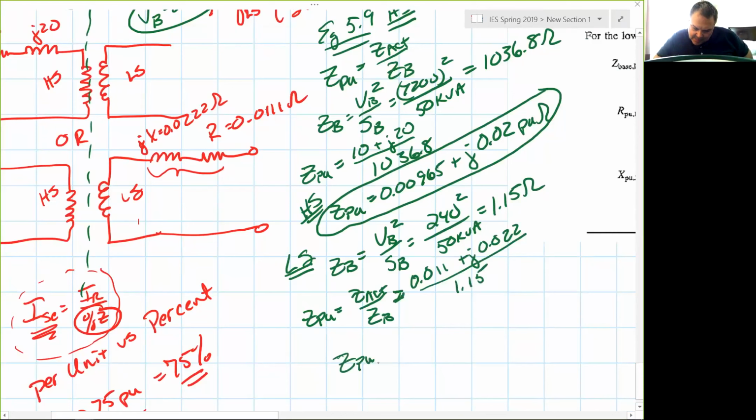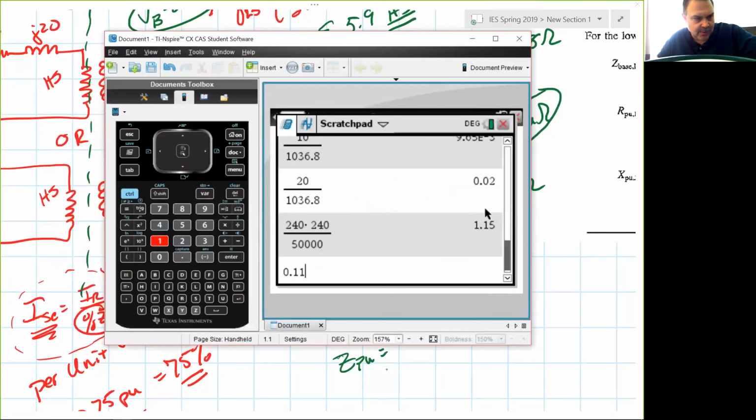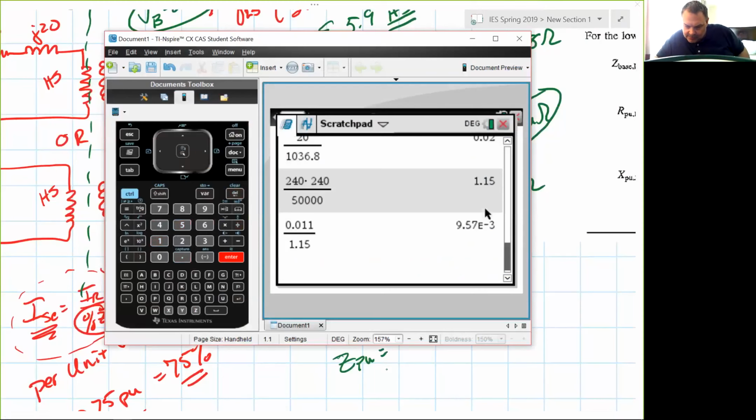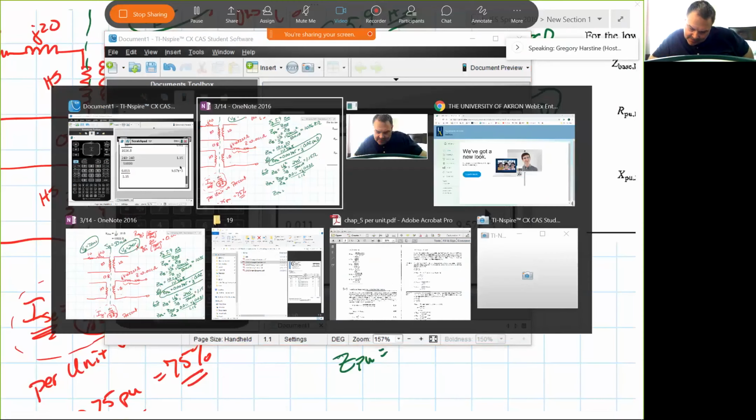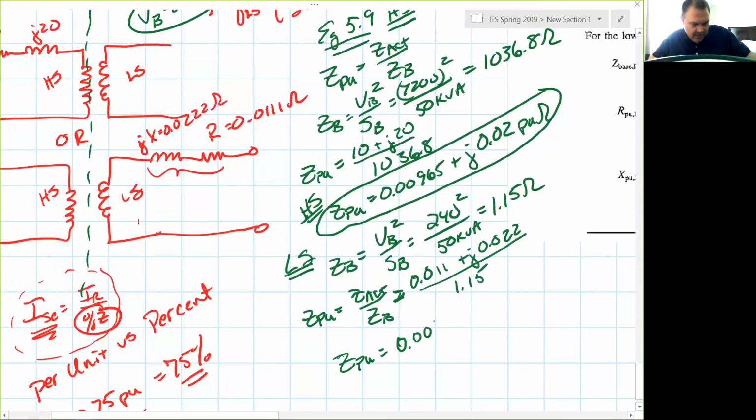ZPU is going to be equal to 0.011 divided by 1.15, which is 0.00957.